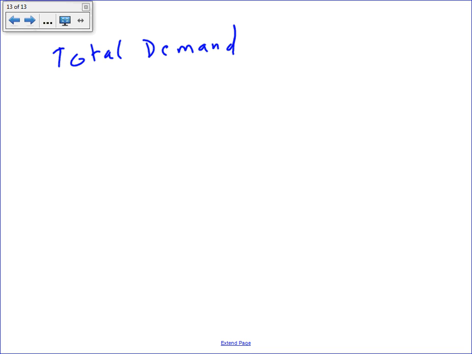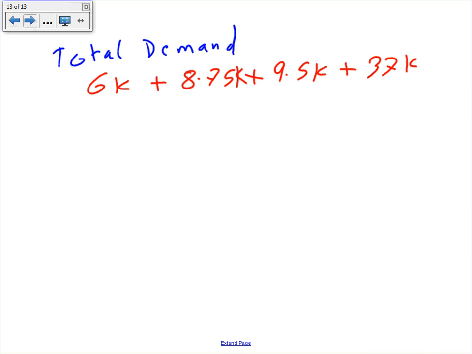Okay, Oladipo, the first one. First one was 6 kW plus 8.75, plus 9.5 kW, plus 37 kW, plus 48.3 kW. I think that's all.